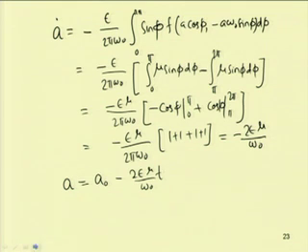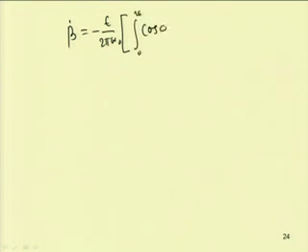Now, for finding beta, we know beta dot equals minus epsilon by 2 pi omega 0, and here the integration is in terms of cos: integration 0 to 2 pi of cos phi into a function of u and u dot. For u one can substitute a cos phi, and for u dot similarly a omega 0 sin phi d phi.